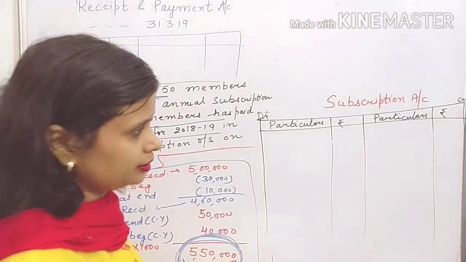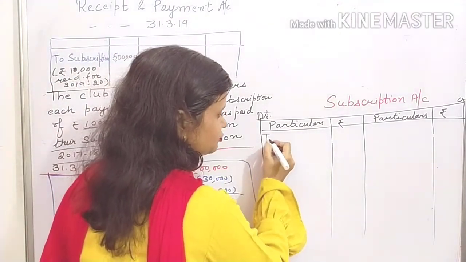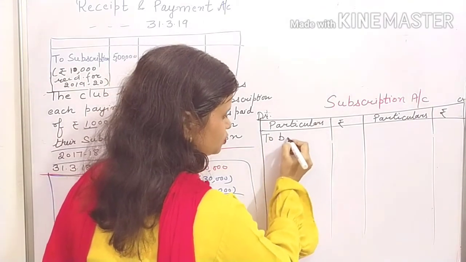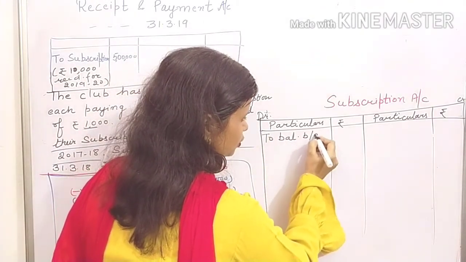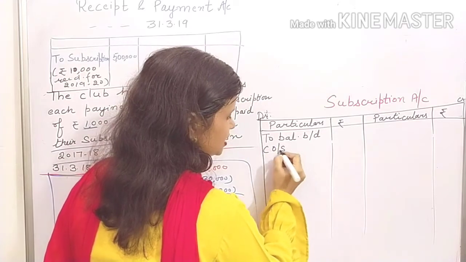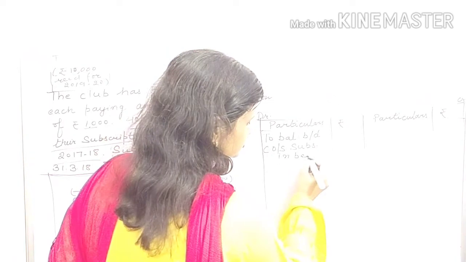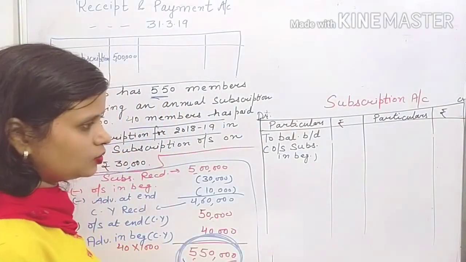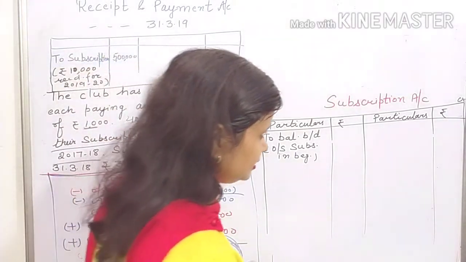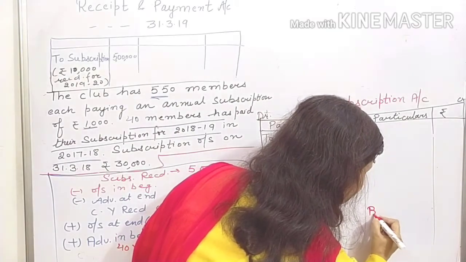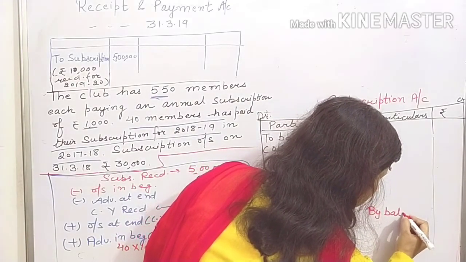Outstanding in the beginning, that is an asset for the NPO, so that will be shown on the debit side to balance brought down. This is outstanding subscription in beginning. And outstanding subscription at the end, that will be shown on the credit side by balance carried down.